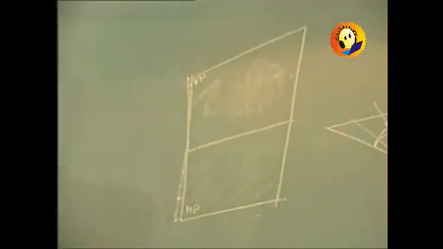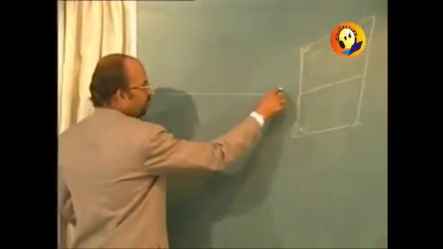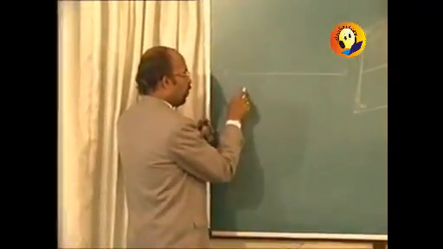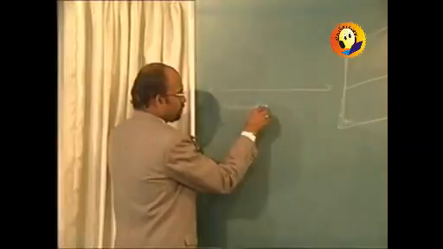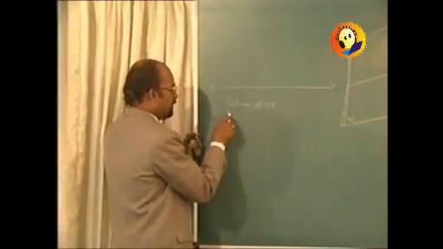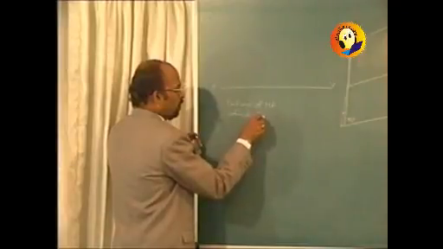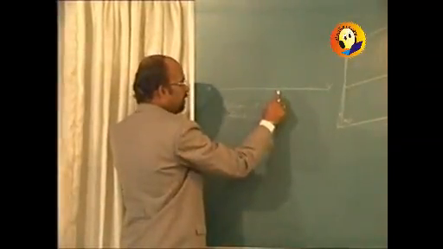Ultimately, XY line when you draw, then this region which is below XY line can be considered as portion of horizontal plane which is in front of vertical plane. Such a description we have already seen in the previous lecture.